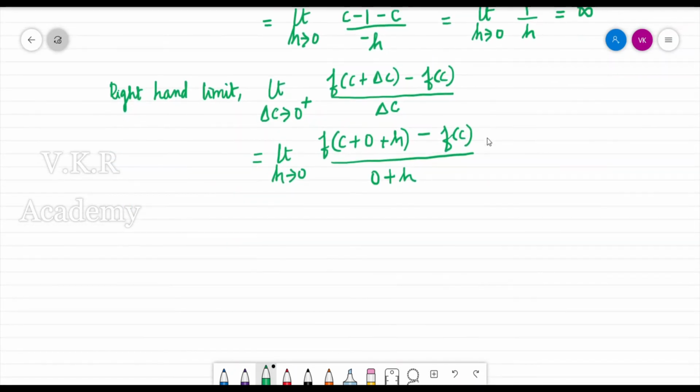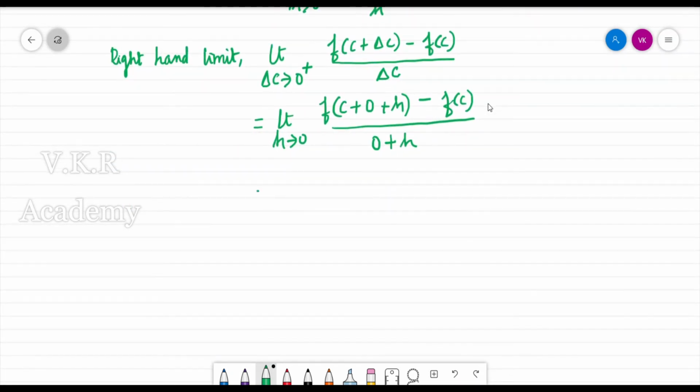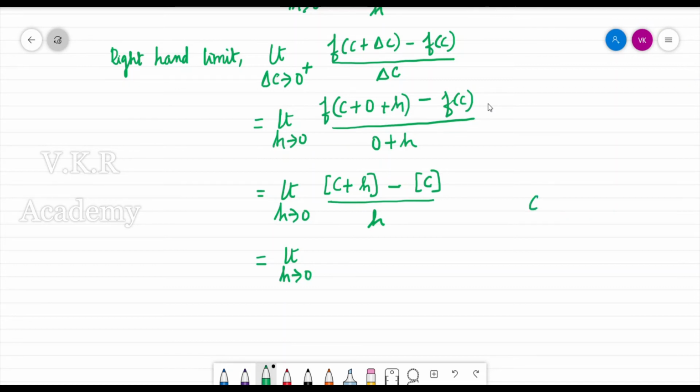So by definition of f of x, it is equal to limit h tends to 0, greatest integer function of c plus h minus greatest integer function of c by h. Since h is a very small incremental value, c plus h will lie in the interval c to c plus 1.